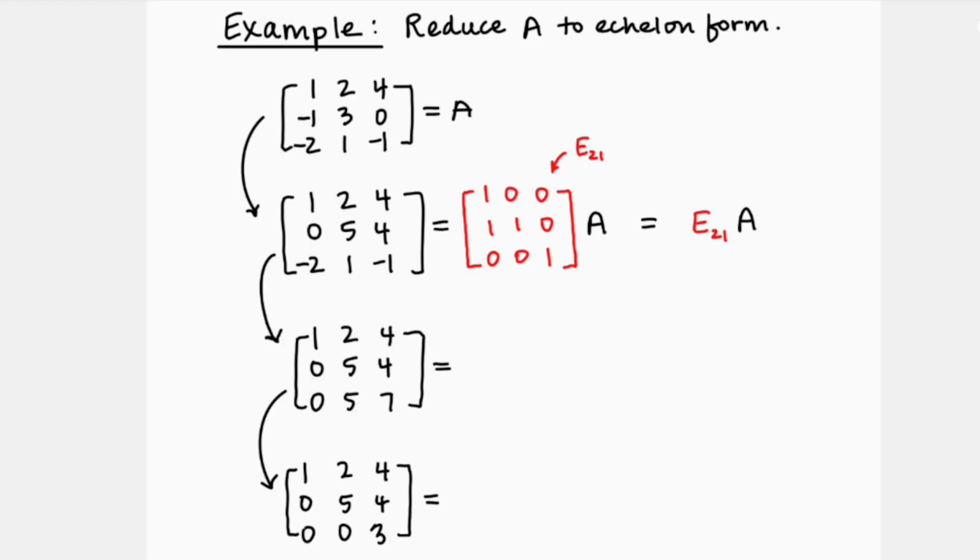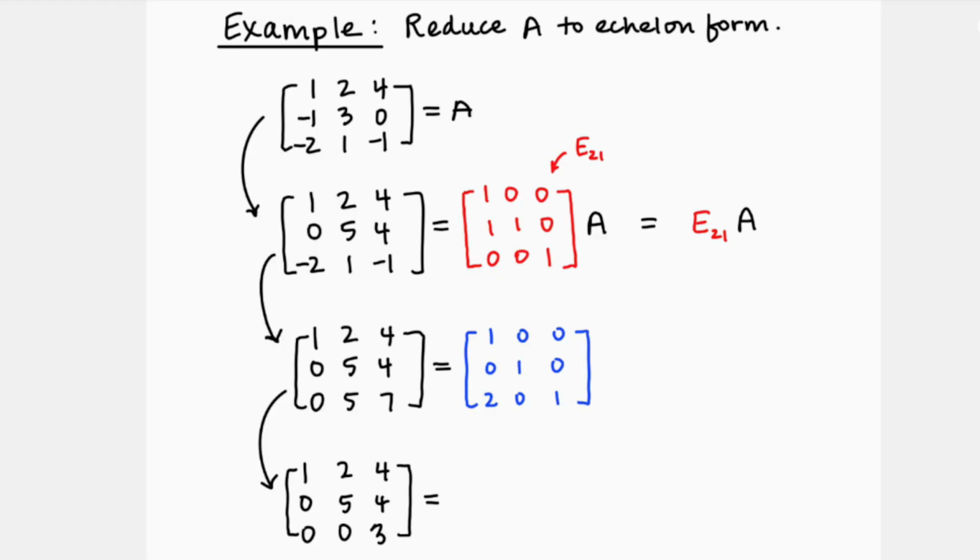Then for the next step, I added 2 copies of row 1 to row 3. So I didn't change row 1, and did not change row 2. Row 3 was 2 copies of row 1, plus nothing from row 2, plus 1 copy of row 3.